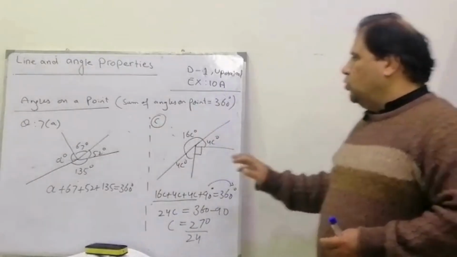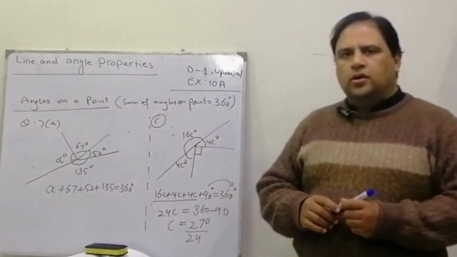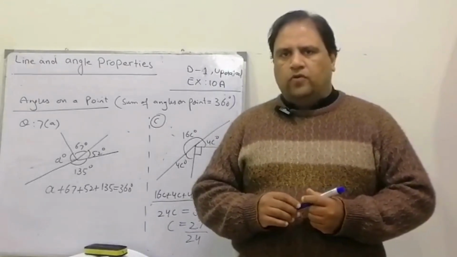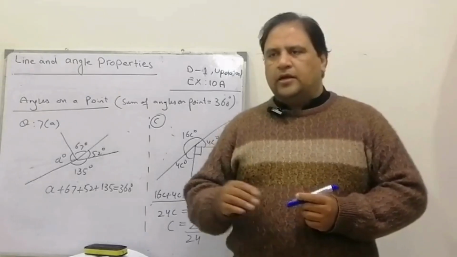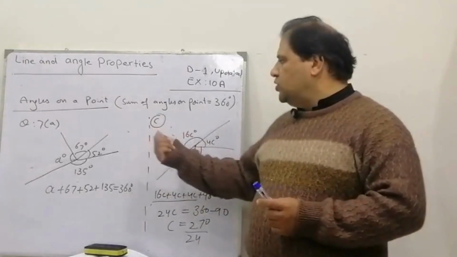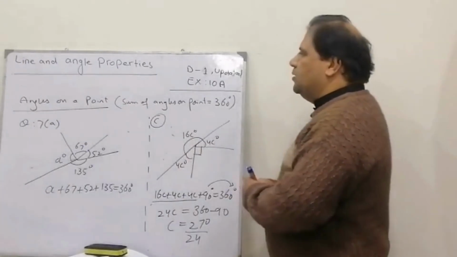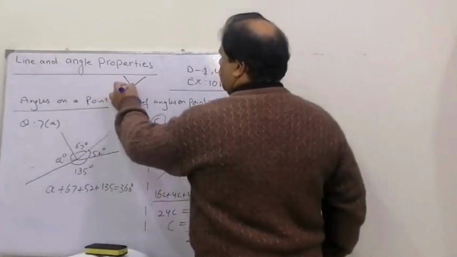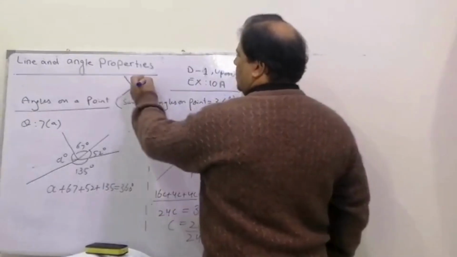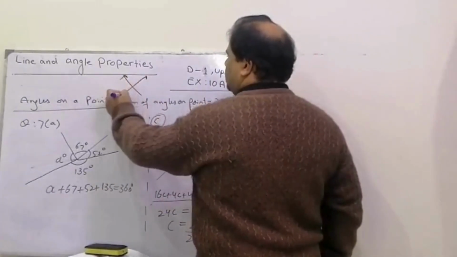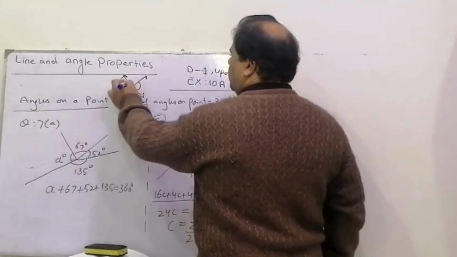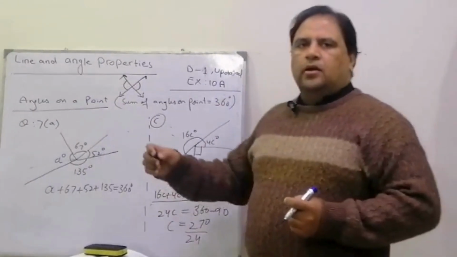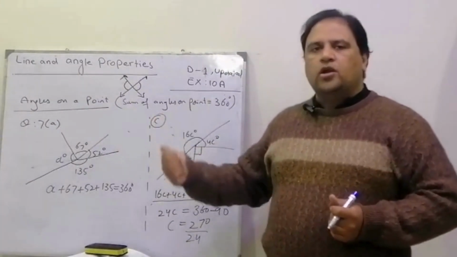I hope this video will be helpful for you. And one more thing I want to explain: whenever there is a cross, when two lines intersect each other, the opposite angles are equal, and we call them vertically opposite angles.